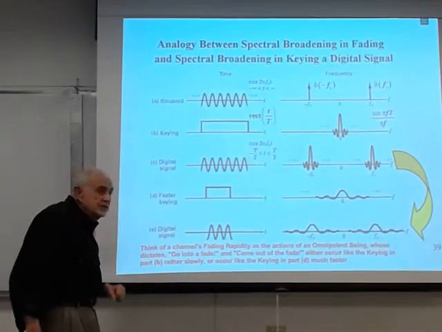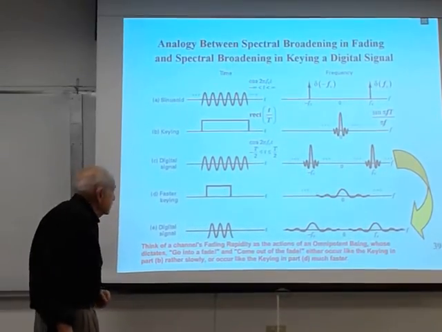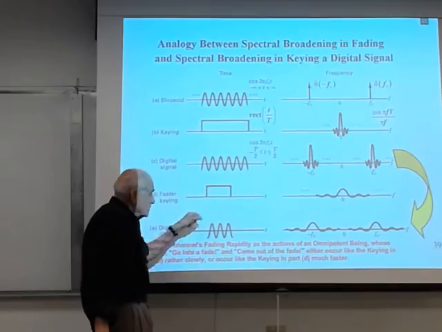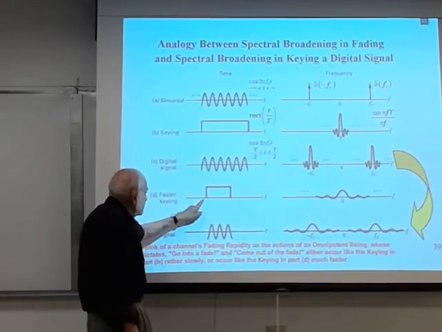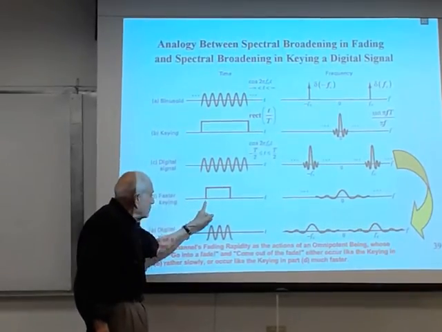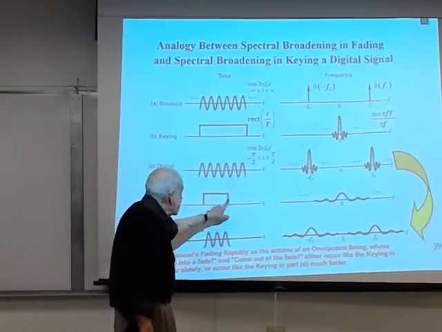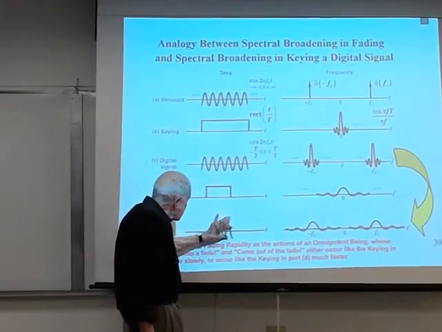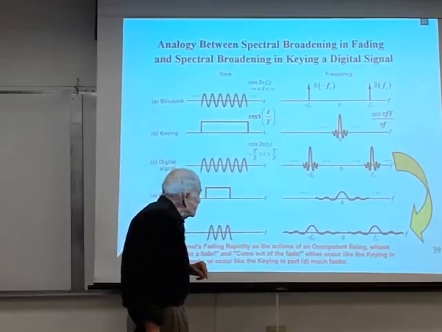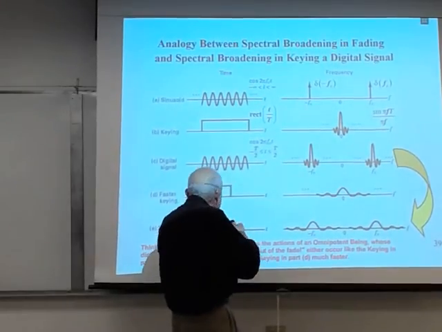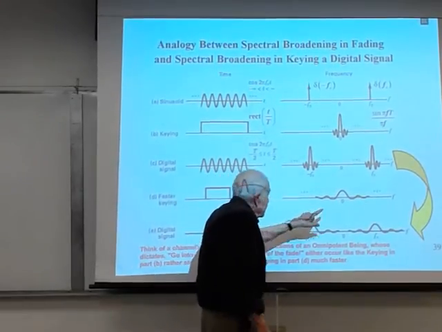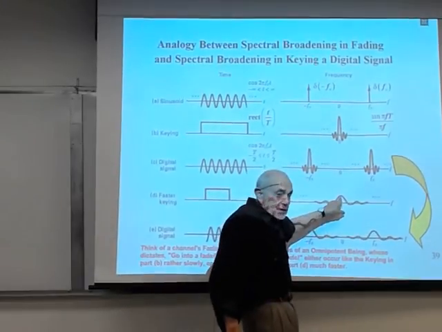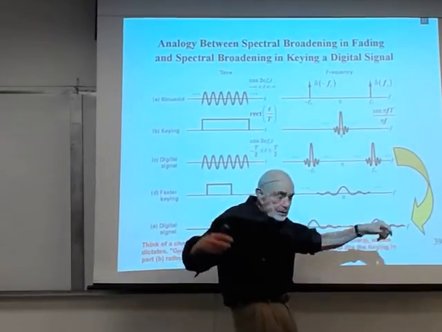But now let's do faster keying. Faster keying says, turn that switch on and off faster. It's like saying multiply by a narrower rectangle, and this is what comes out. And again, I do multiplication here, and of course, if I have a narrower rectangle, its Fourier transform is a wider spectrum.